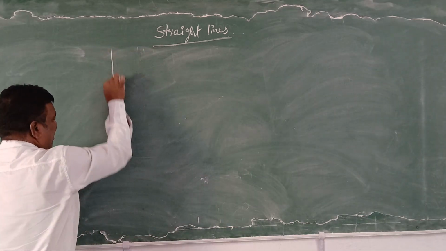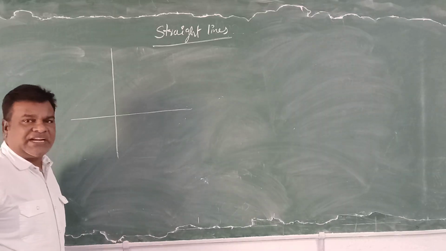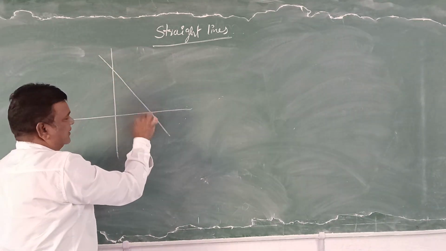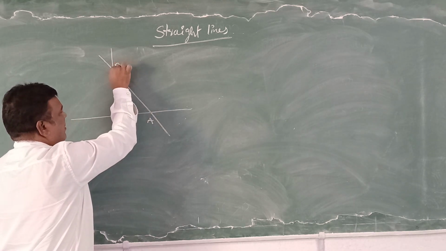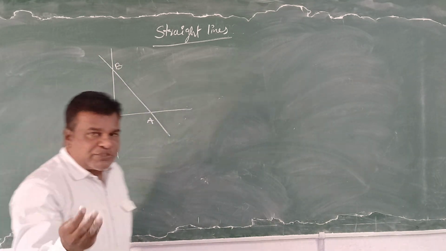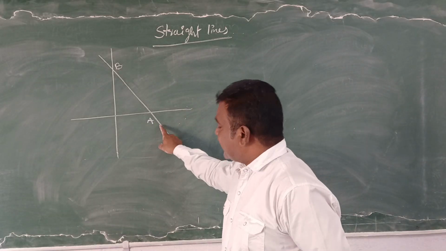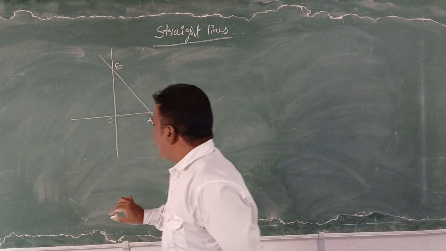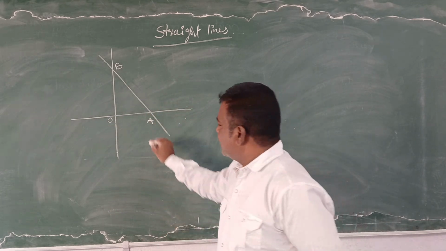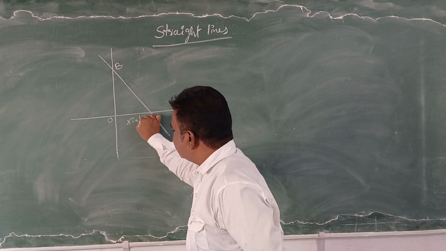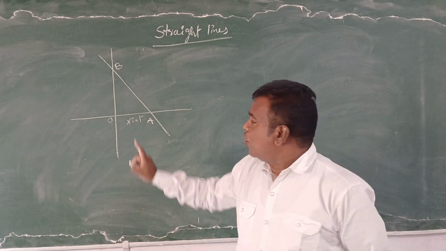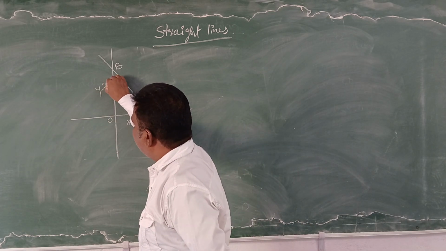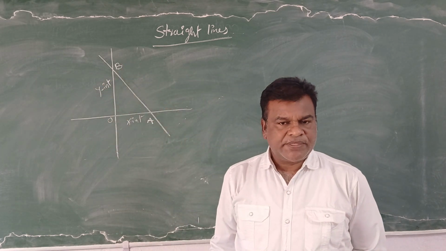Intercept means if a straight line intersects the x and y axes at A and B, that implies a straight line which meets the x axis at A, the y axis at B. The distance from origin to A, OA, is called the x-intercept. The distance from origin to B is called the y-intercept. Okay?